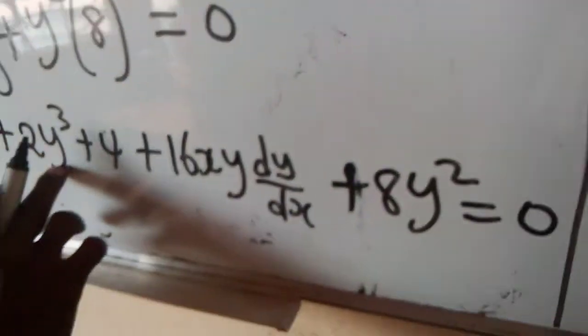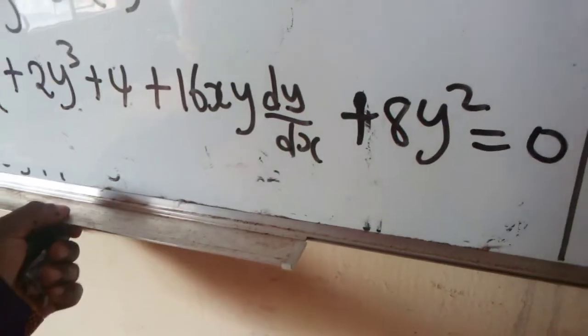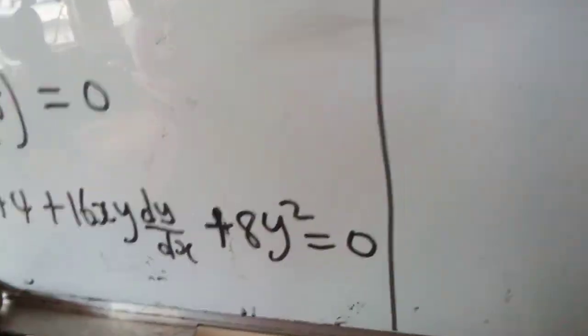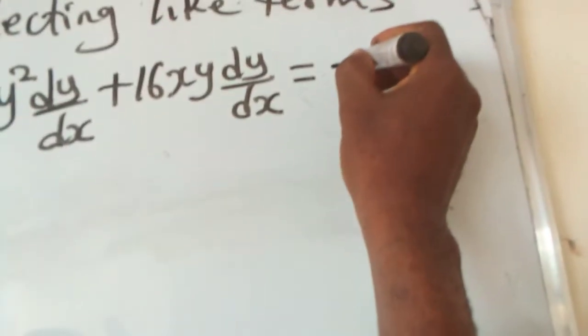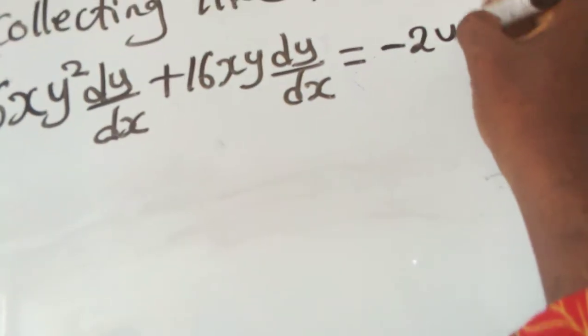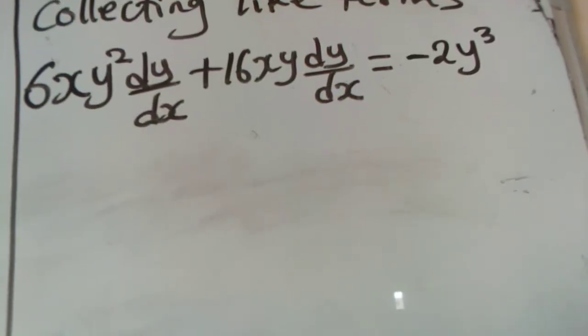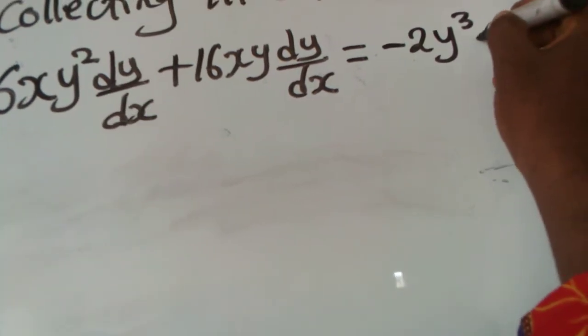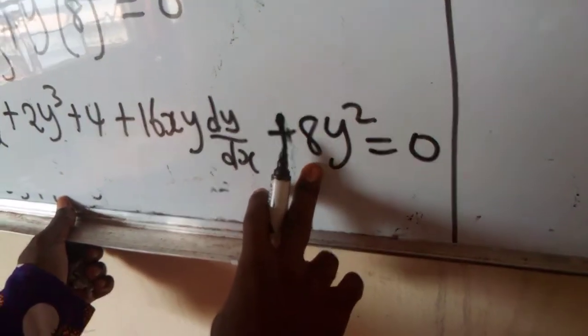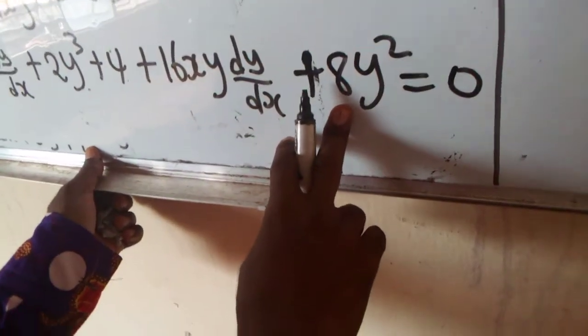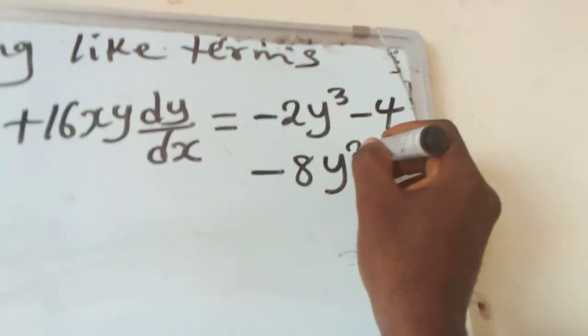This one will also move over to this side. So it's going to give you minus 2y raised to power 3. 4 will move over to give you minus 4. This 8y raised to power 2 will move over, it will give you minus 8y raised to power 2.